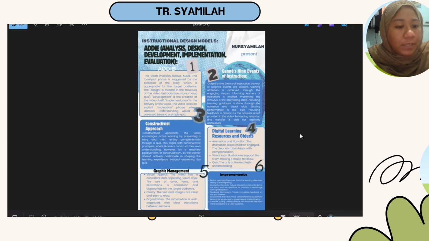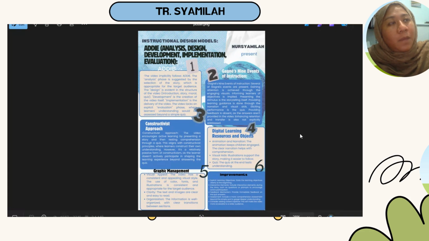So clarity, the text and images are clear and easy to read. With the font being big, and the color that I chose, I think it is easy for them to read clearly. For the organization, the information is well organized with clear transitions between sections.